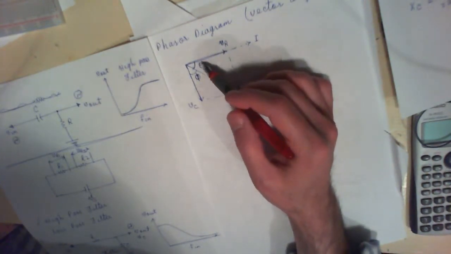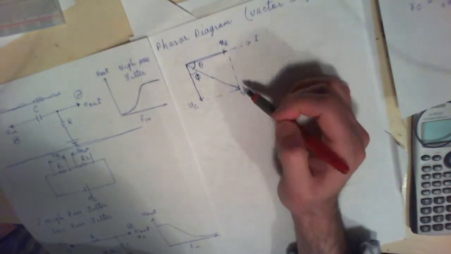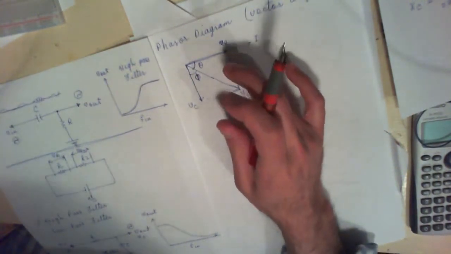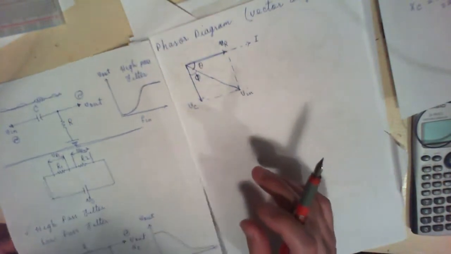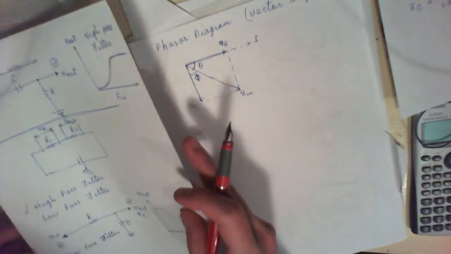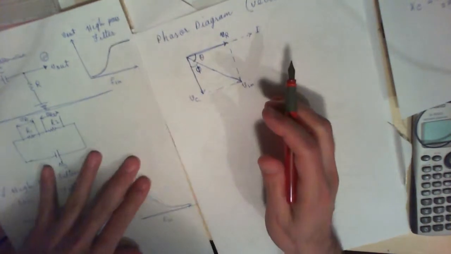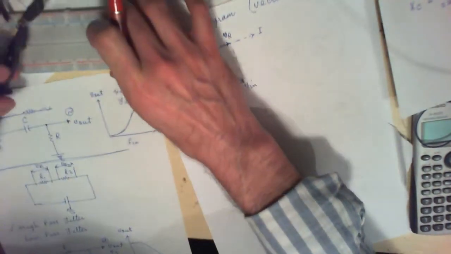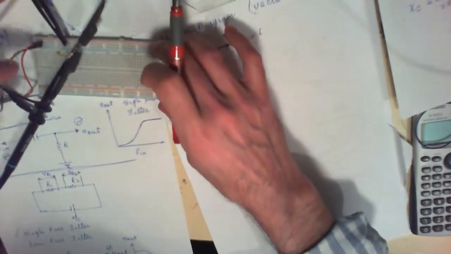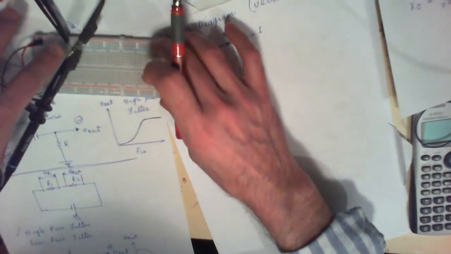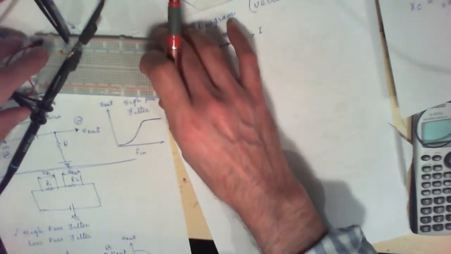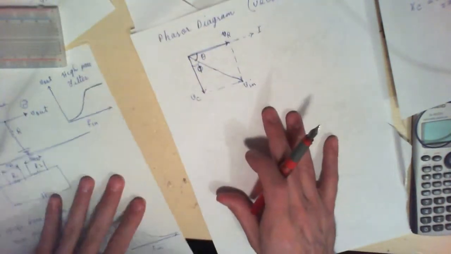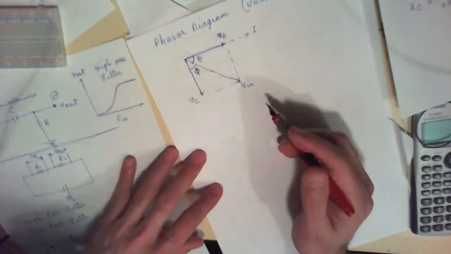Now, this angle between, for example, V of R and V of N, you can of course calculate. I'm going to calculate one of these for you, and I have actually created a circuit over here, so I could measure all of these on a live circuit, and I hope that it doesn't fall apart.